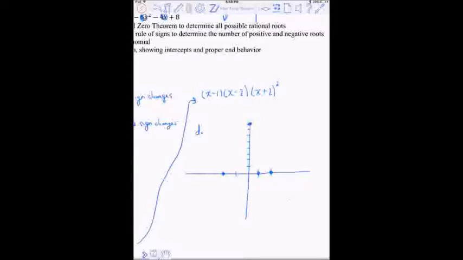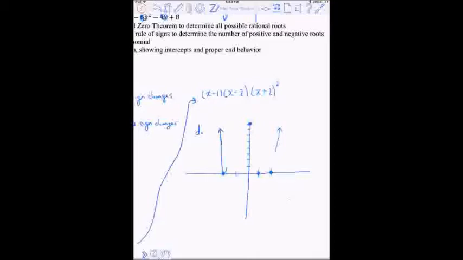In this case, up. Left side's going up, right side's going up. And this particular 0 right here of negative 2 comes from this factor, which has even multiplicity. It's got multiplicity 2, so it's going to bounce. When I come down to that 0, it's going to bounce off the x-axis.